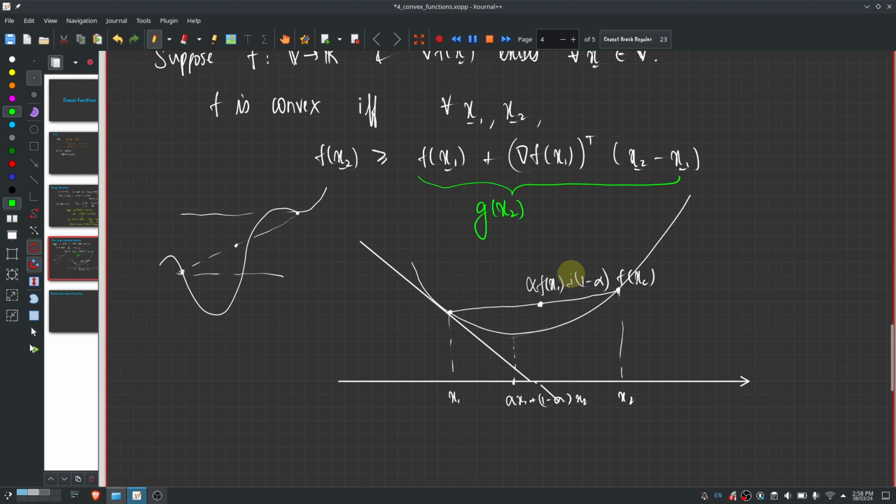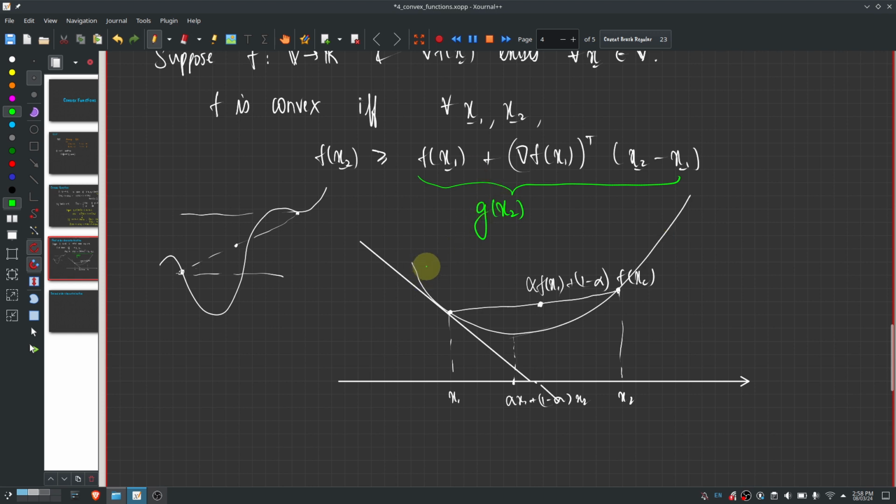So basically the curve should lie above the tangent for any point on the curve. You take any point on the curve, you draw the tangent at that point, and the curve will always lie above the tangent. The whole set lies on one side, and that's also something we'll see.